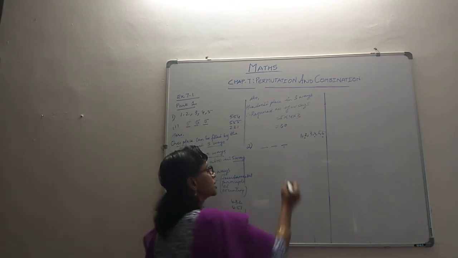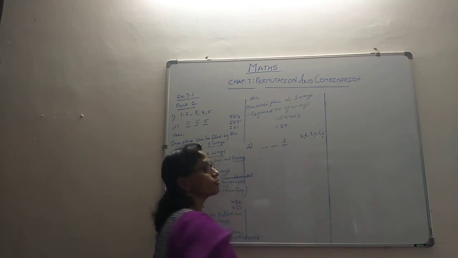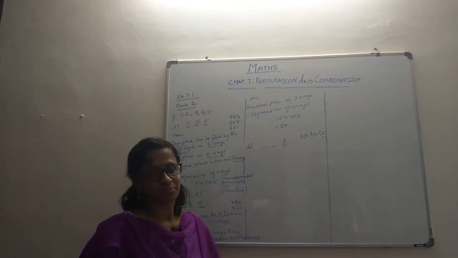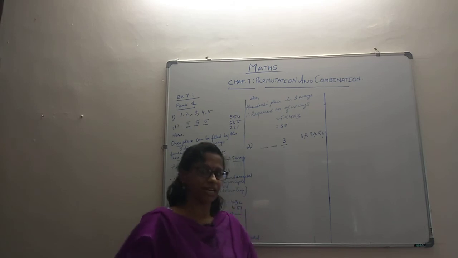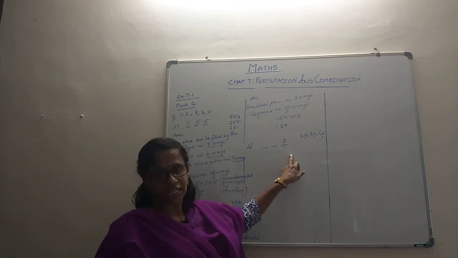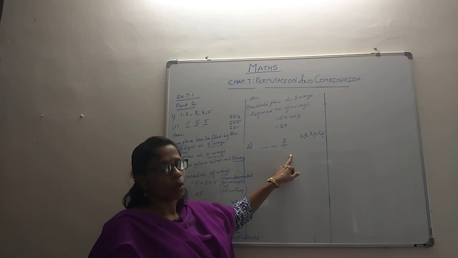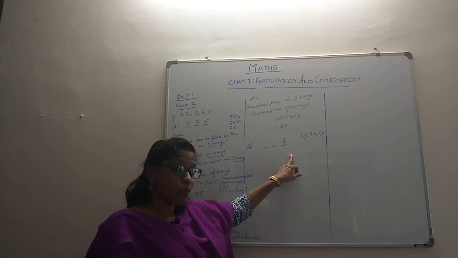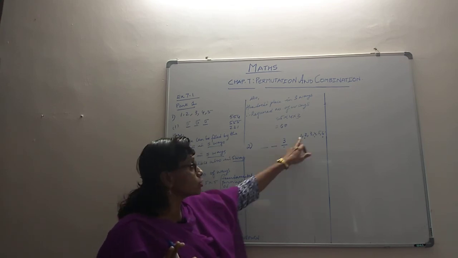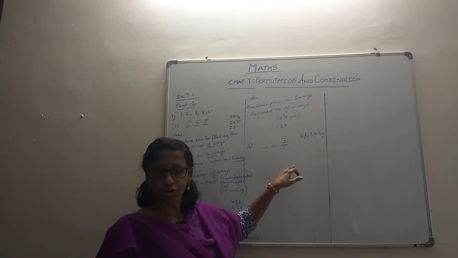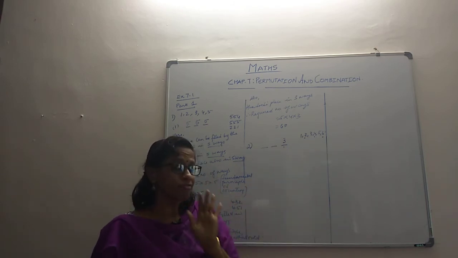So what we do is, we have a choice of 3 digits in the ones place, because they have asked us to get an even number. So we have filled the ones place with an even digit. Now out of the digits 1, 2, 3, 4, 5, 6, one digit is already filled. So we have a choice of 5 digits.